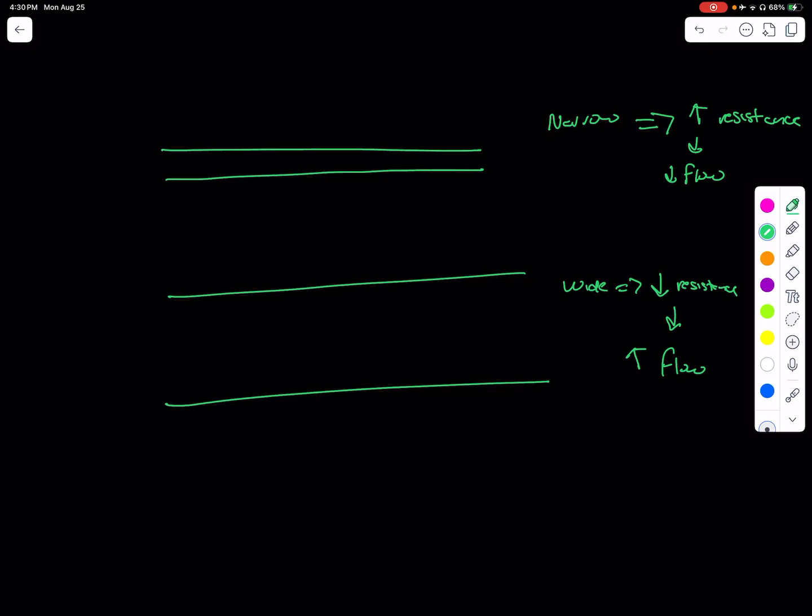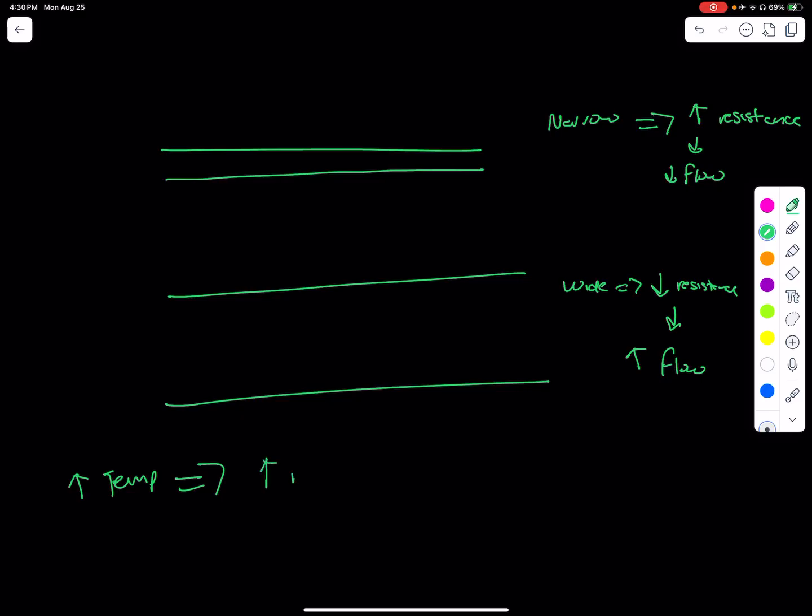The other thing that I'll mention here, but I don't know how to draw this out, is temperature. Temperature is just a measure of kinetic energy or velocity of molecules. So high temperature, molecules are moving faster. Low temperature, molecules are moving slower. So if we have high temperature, that means molecules are moving fast.